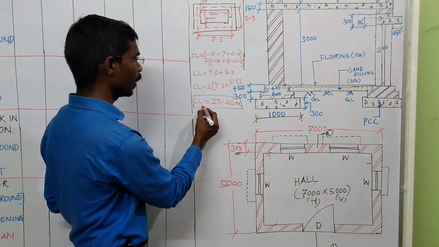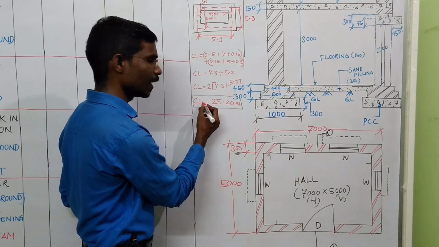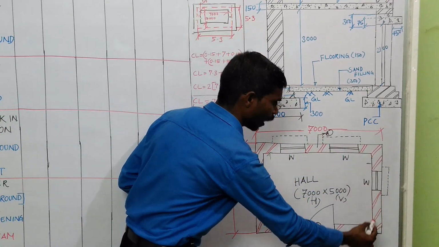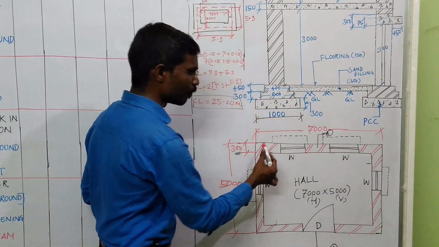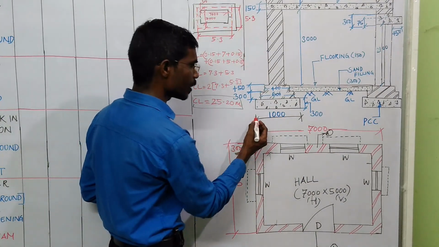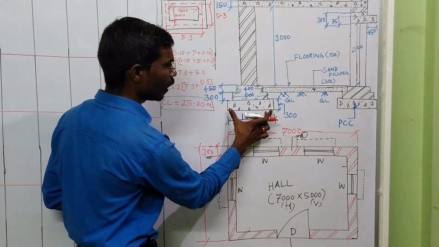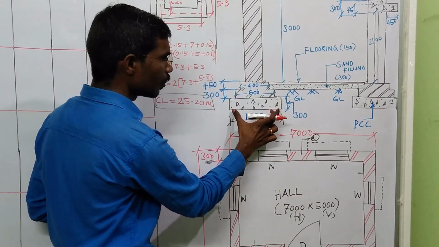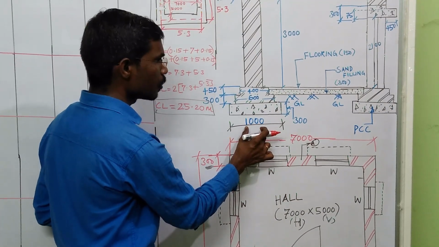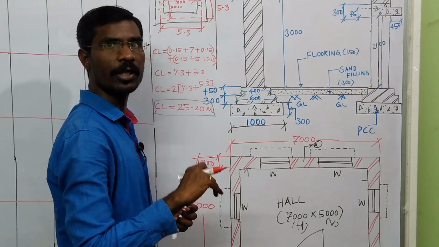We calculated 25.2. It is the length of your building, because we are going to excavate all round of your building. How much width do we need to excavate? This is the foundation, that is the footing thickness required. It is 1000 mm.